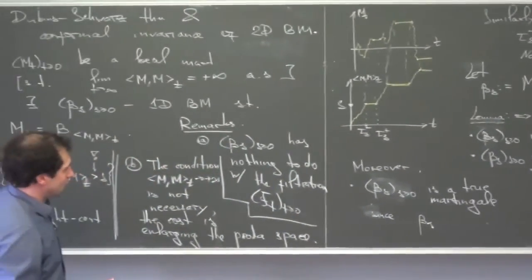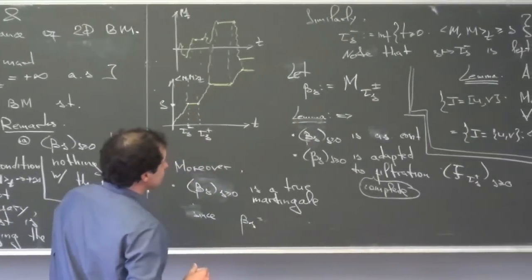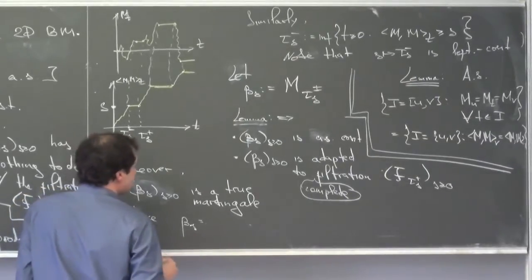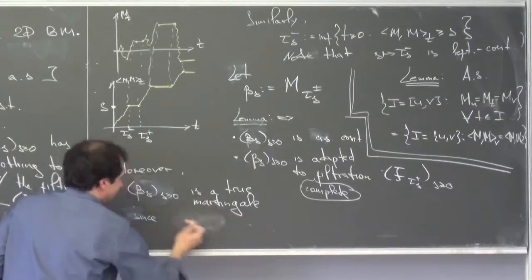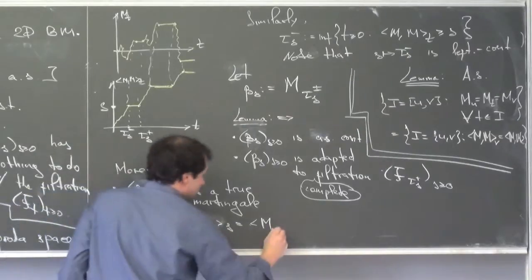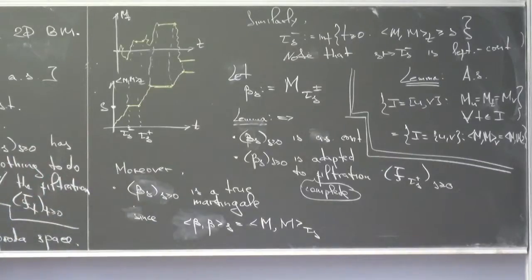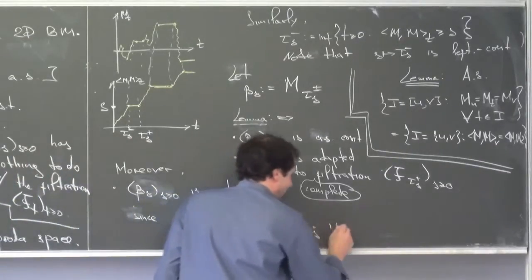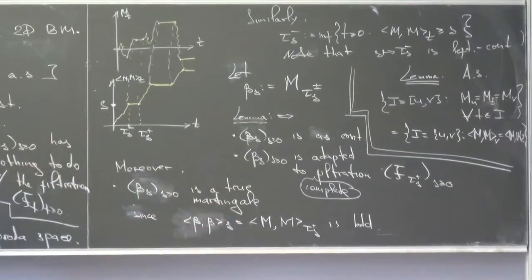So just say, all right, this is essentially, how should I say it? Maybe I can say it this way, M at tau_s, and this is bounded. So I can apply optional stopping.